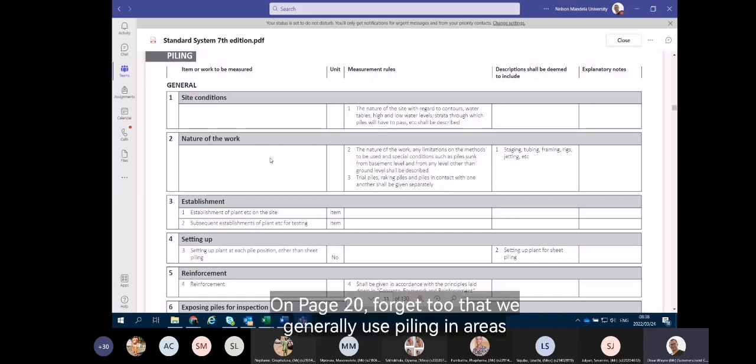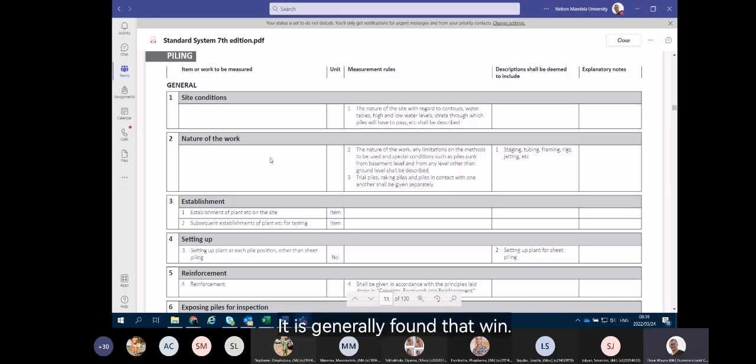on page 20, before I get to that, we generally use piling in areas where the ground condition for the structure that has to be constructed is not suitable for ordinary construction type.